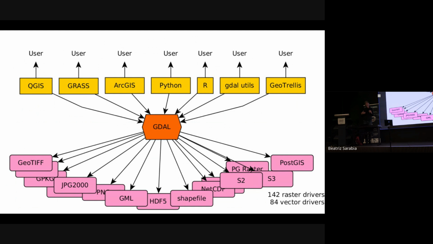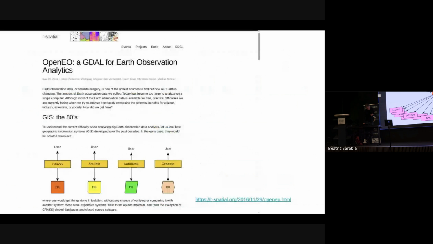So if you have a new data format, you just have to write a driver for GDAL, and all the software on top of it will be able to use it, without any modifications. I mean, you need to ship a couple of versions, you need to wait some time, but that happens.